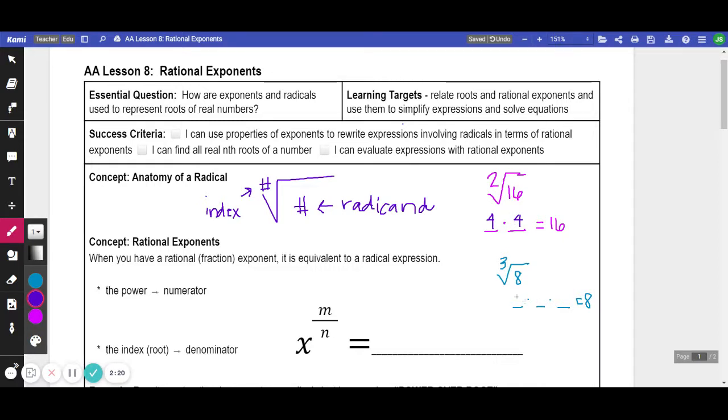For this one, it would be 2, because I can multiply 3 twos to equal 8. We've also done problems with square roots where it didn't come out to be a whole number and we had to simplify them. We're going to see what that looks like today with a different index also.